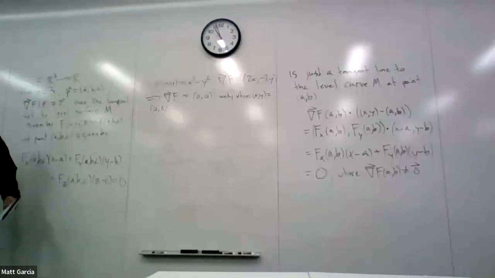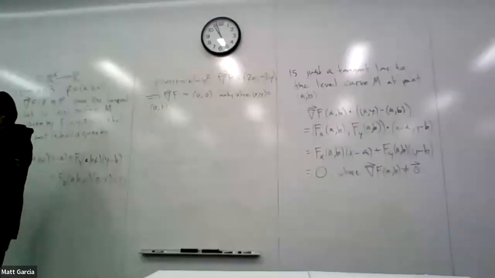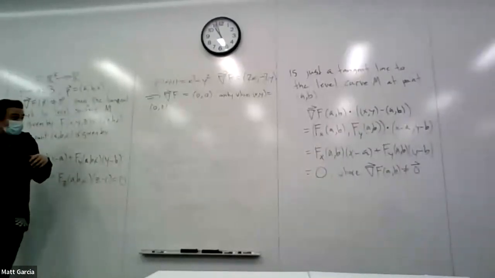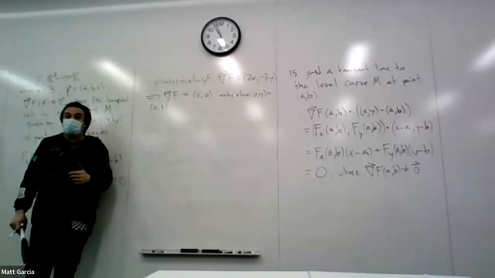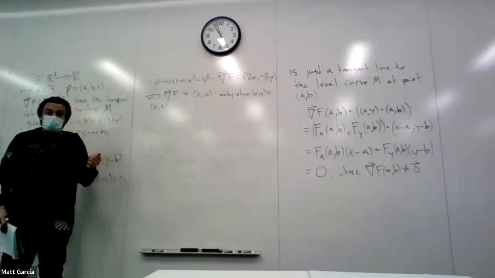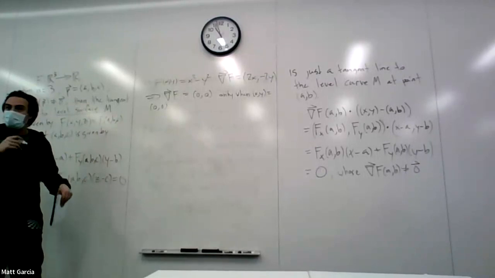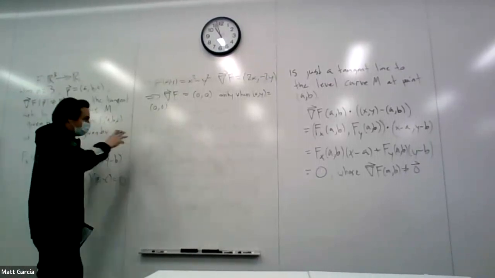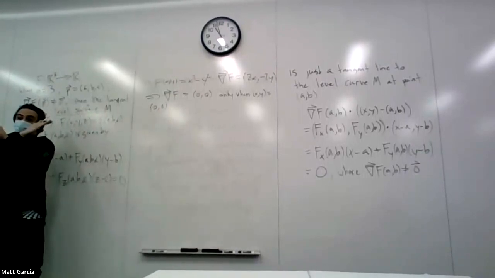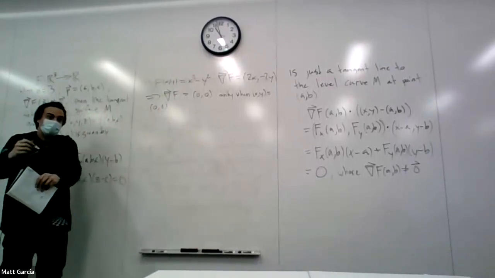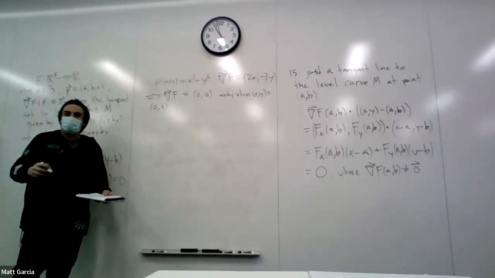At any other point besides 0 comma 0, if we take the level set through that point, we should get a smooth curve, which we saw. This is all the hyperbola that we drew on Monday. And of course, at the point 0 comma 0, we get two lines crossing, which have a singular point, a sharp point, where you can't define the tangent line. It's ambiguous what direction you're going.